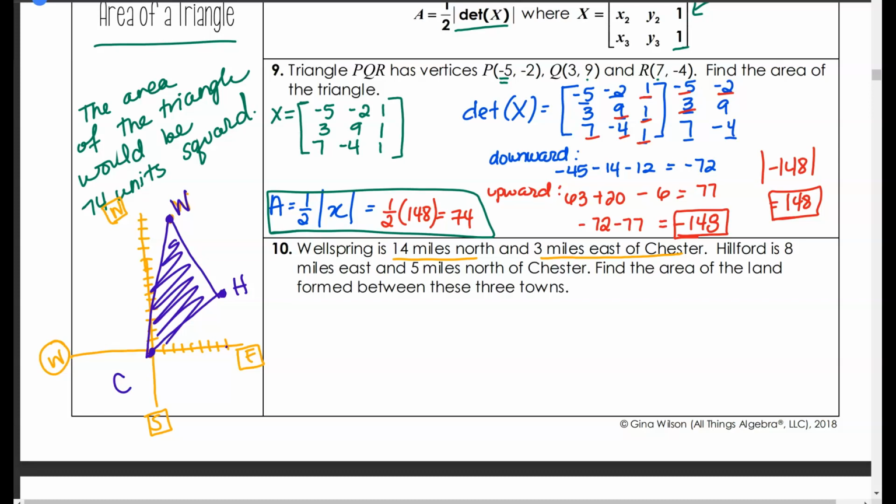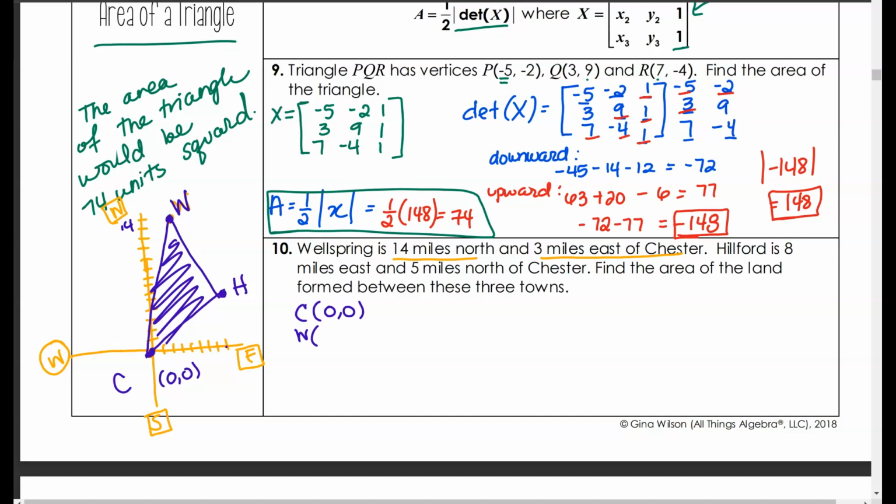I purposely made Chester the origin, because that's what everything is oriented to. So Chester would be the point 0, 0. Okay. We would have Wellspring be the point, remember this was 14.